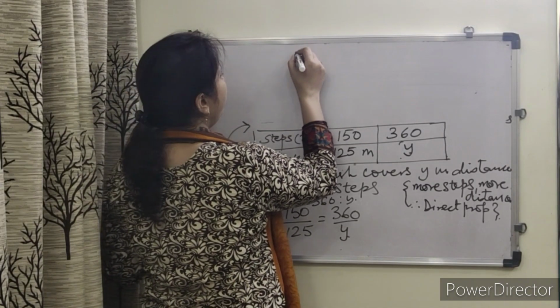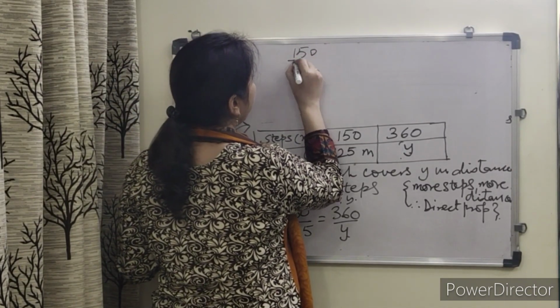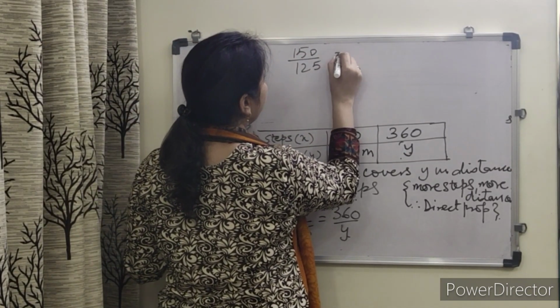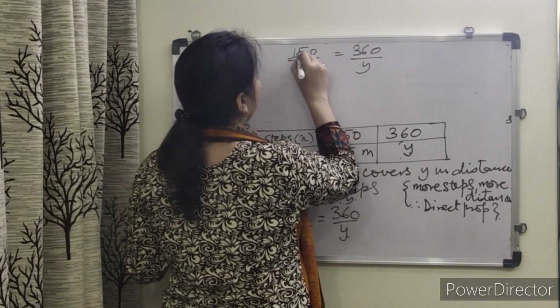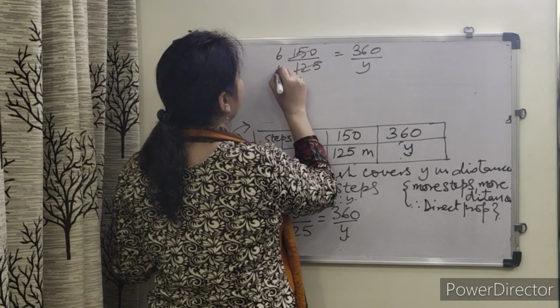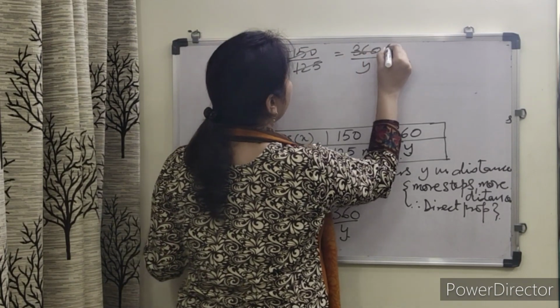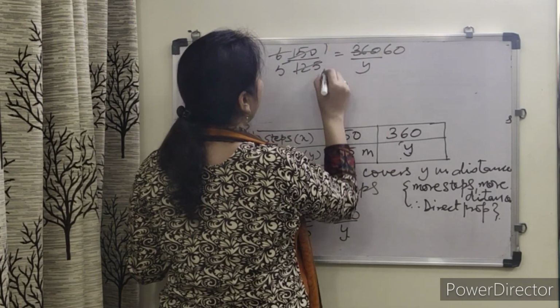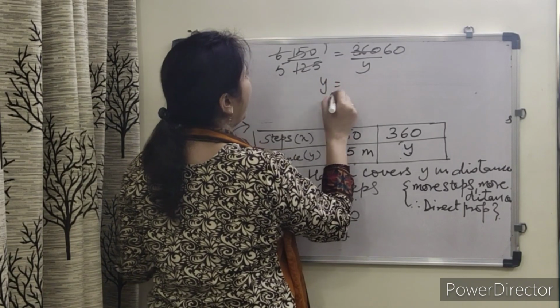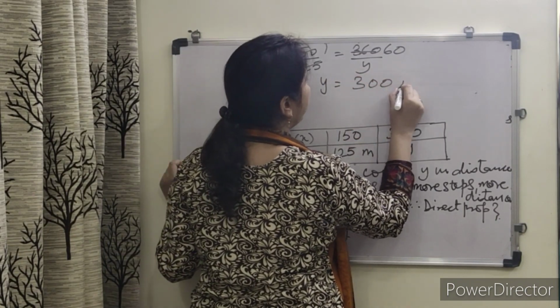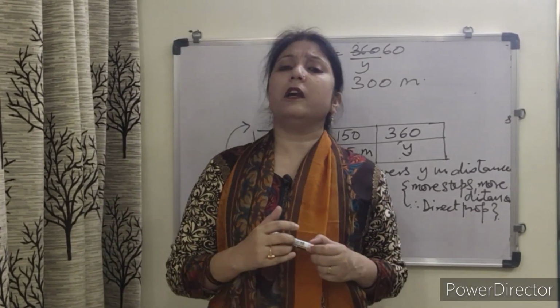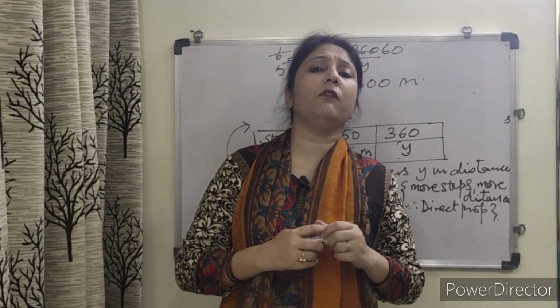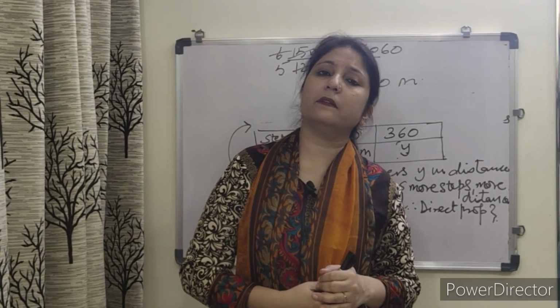So let's solve. 150 over 125 equals 360 upon y. By cross multiplication, you get y as 300 meters. So by taking 360 steps, Harsh will cover the distance of 300 meters.